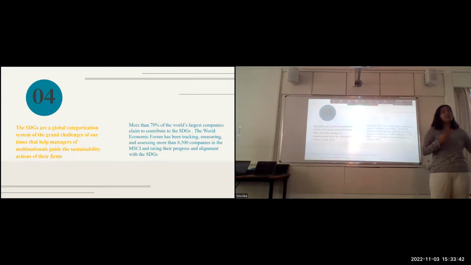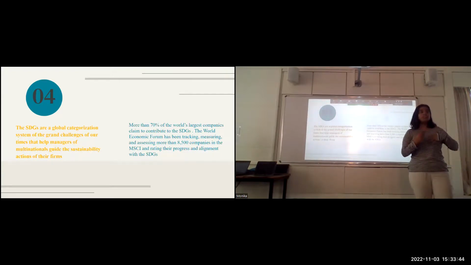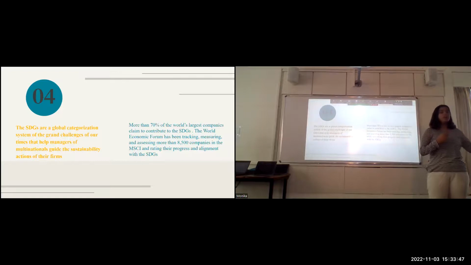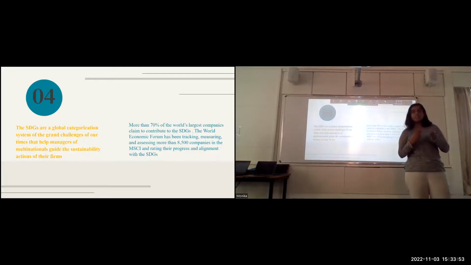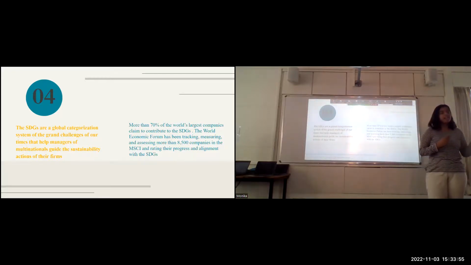For example, an MNC cuts down on certain costs in order to help climate change action. But if you look at it from another perspective, a cut in their costs also helps them reduce their cost of production, eventually helping their economic development as well.